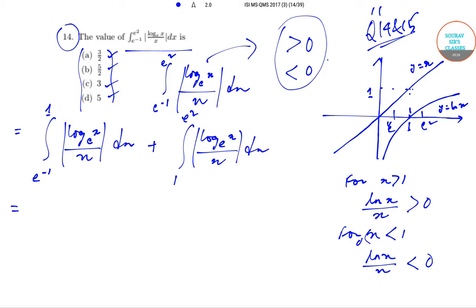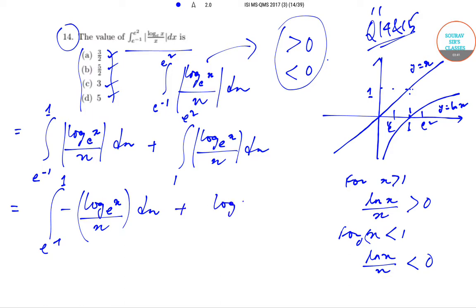Now we already know that the first part is negative, so we can write it as minus the integration of log of x to the base e by x dx from e to the power minus 1 to 1, plus the integration of log of x by x dx from 1 to e square. This is the structure that we are looking for here.